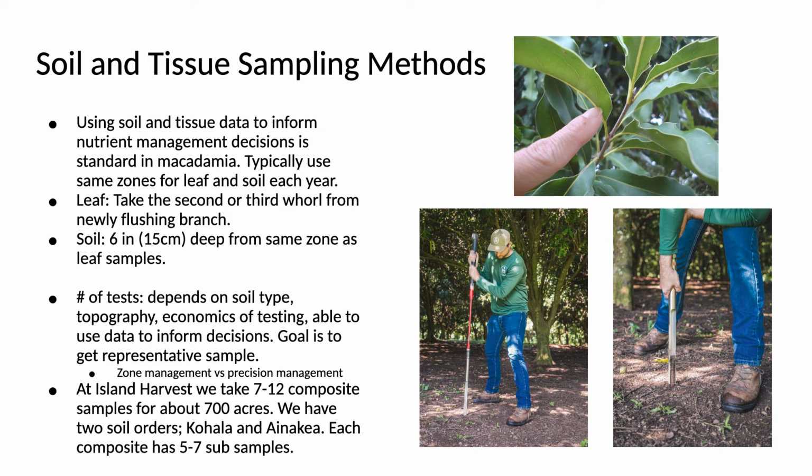We do 3,4,4s, which typically sometimes show higher nitrogen levels. People have different opinions on that, but we take all from 3,4,4s in that same area, from different trees, third whirl, put it in a bag, and label it the same as the soil, so we can see this is what the soil was in this field, this is what the tissue was in this field, and then try to make a decision.